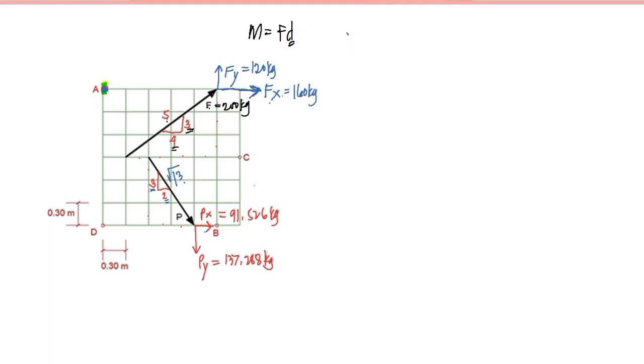So we have here the moment at point A is equal to, first, ito yung Fy. Si Fy ay iikot ng counterclockwise since dito yung point natin. So therefore, this Fy here will create a negative moment. So we have here negative Fy, so that's 120 multiplied by the distance.